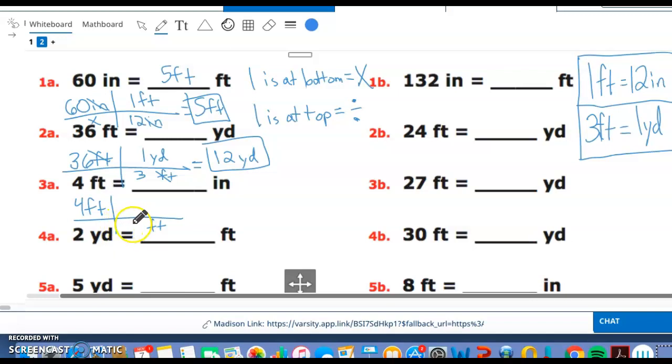The number that has a foot next to it is 3 in the conversion factor table. And that's 3 feet equals 1 yard. And I did that correctly because the units are going to cross out diagonally. This time the 1 is at the top, so I'm going to divide as well. So it'll just be 4 over 3 yards. Or if you divide 4 by 3, then it's going to be 1.3 yards.